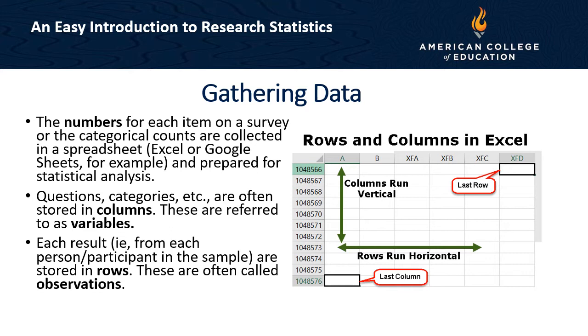Oftentimes, we will store the questions, categories, or the independent variables and dependent variables into the columns, and we will store each record or each participant score into rows. We refer to these as observations in the social sciences, and in fact, the WINKS statistical program refers to them as observations as well.